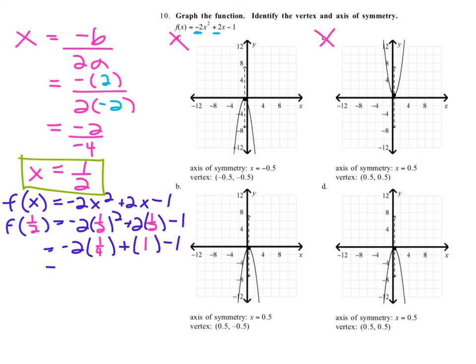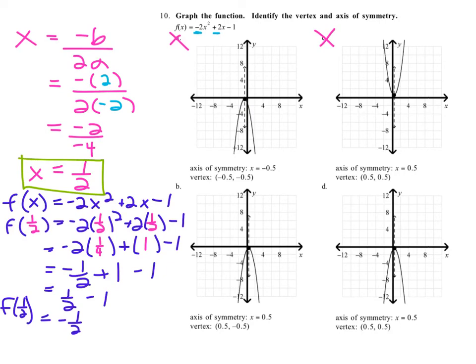Now, keep going. -2 times 1/4 is -2/4, which simplifies to -1/2. -1/2 plus 1, just a fun fact, is 1/2. And then if you subtract 1 away, you're down to -1/2. So f of 1/2 is equal to -1/2.